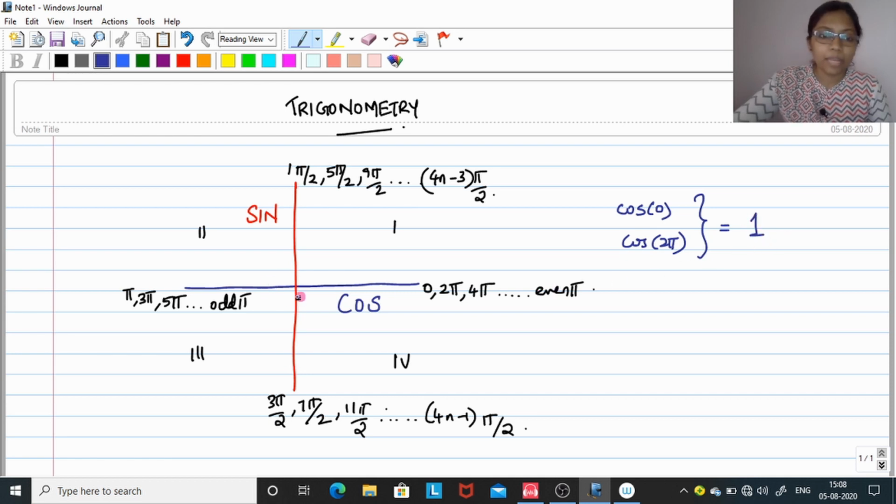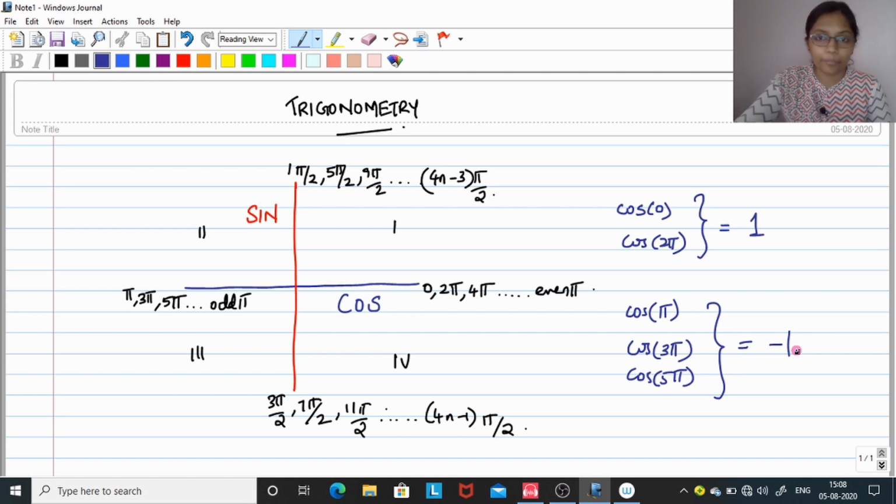And similarly for the left side angles, which are cos 1 pi, cos 3 pi, cos 5 pi and all, it is coming under the left side, isn't it? So for all angles there, when cos is taken, we get a negative 1. Okay, so that is the rule. Whichever angles come under the blue line, cos has a positive 1 or negative 1 value.